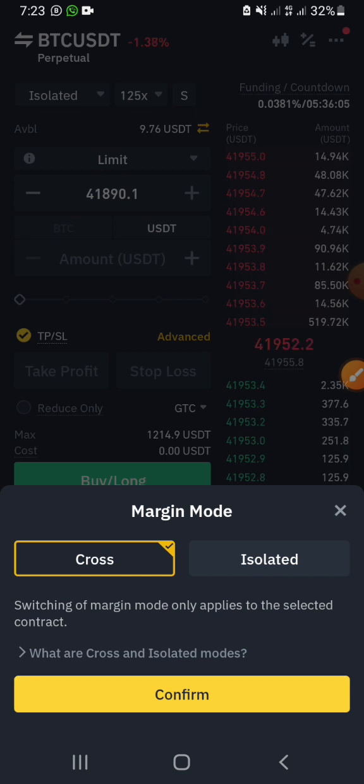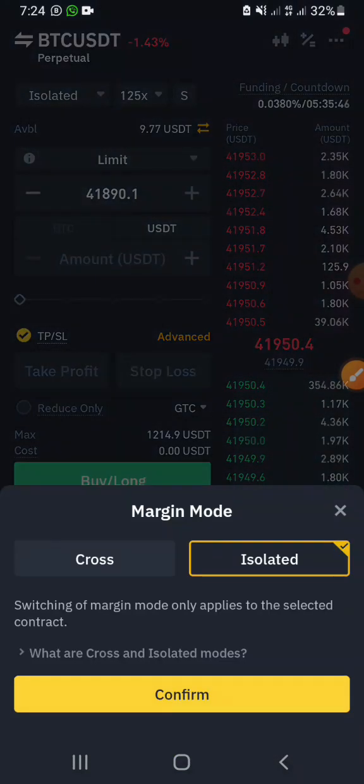When you are using cross to trade, which means if you have $10 in your account and you are using spots and you are using cross to trade, for instance, you are trading and you are having unrealized loss, the trade is not going according to your analysis. Cross trading collects money from your available balance to sustain that trade.